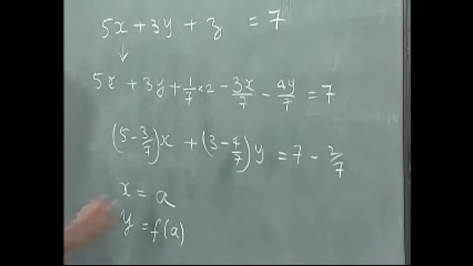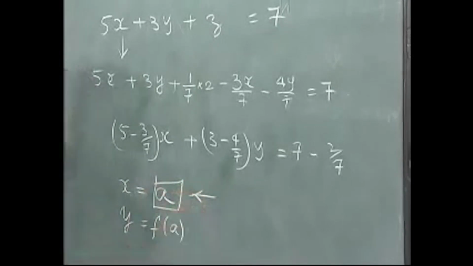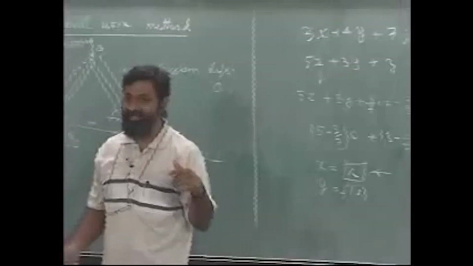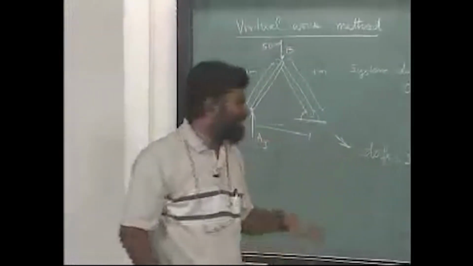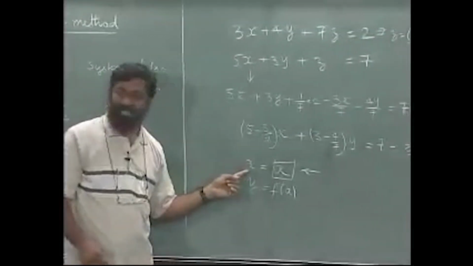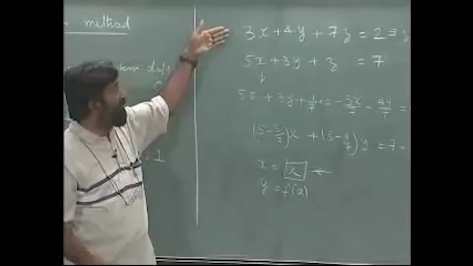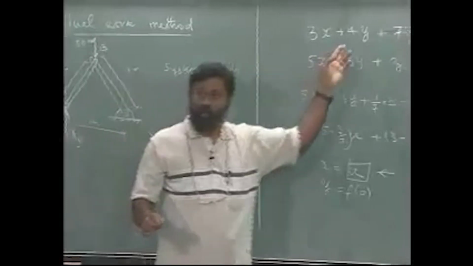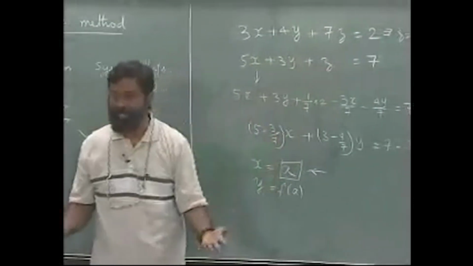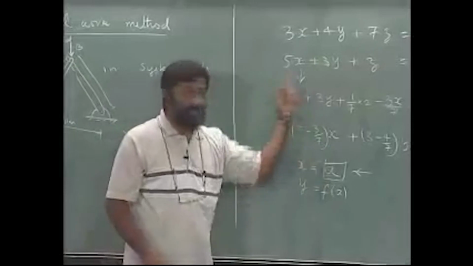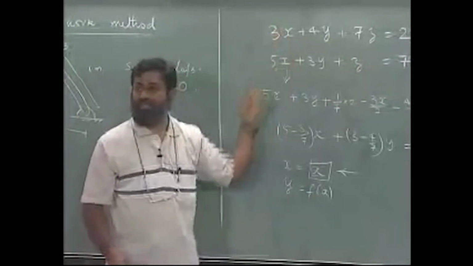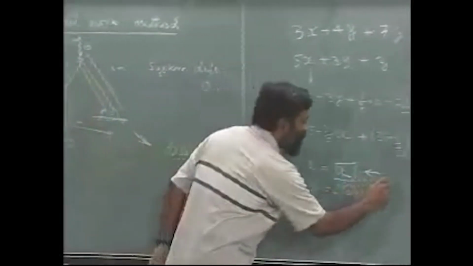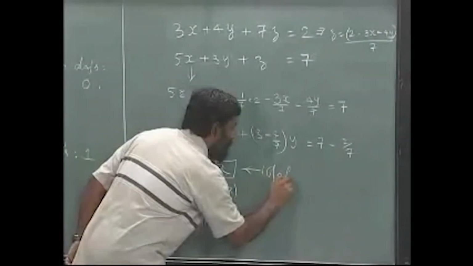This parameter essentially is the backbone of these two sets of equations. In this particular case, that parameter is nothing but x, or in other words, I can write everything in terms of x. Y as well as z can be written in terms of x. So, this two set of equations is a single parameter family, and this we call as one degree of freedom.